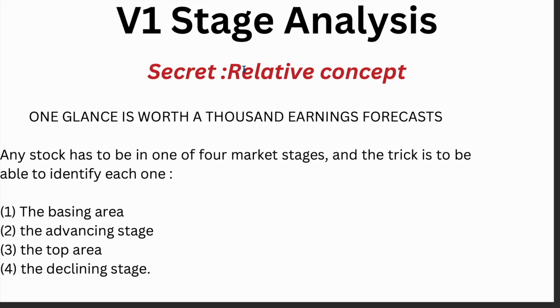So he opens the book and he says that one glance is worth 1,000 earnings forecasts. What he did was divide the stock charts in such a way that by having one look at the chart, you can tell exactly where the stock is, exactly what you need to do right now, and what you need not do.